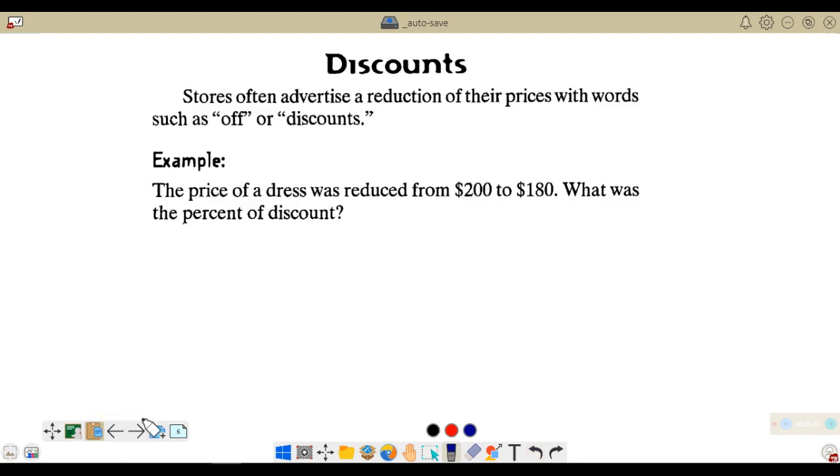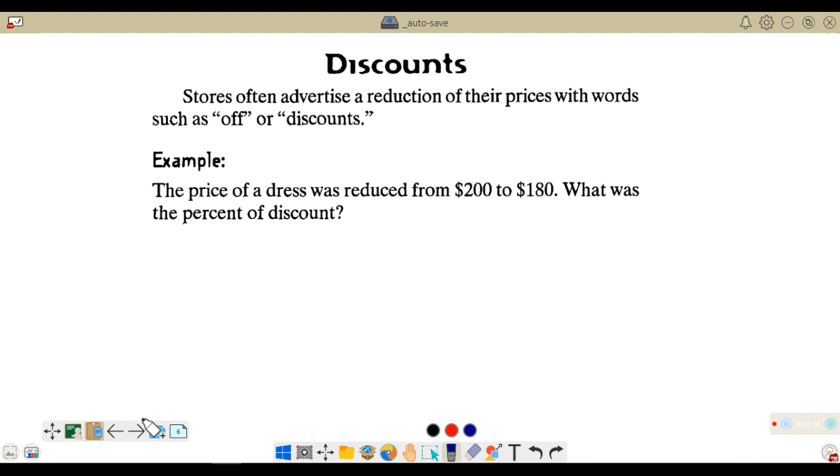Now, let's talk about discounts. This is also very common. Usually, when we go shopping, we always look at which items had a change in price, or which prices went down, which ones have discounts. This is often accompanied by the word off.